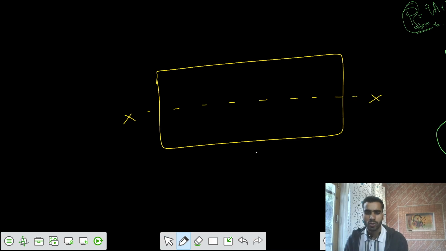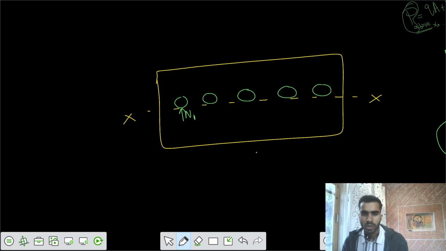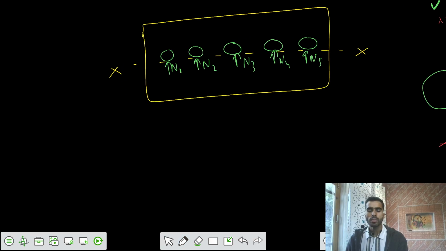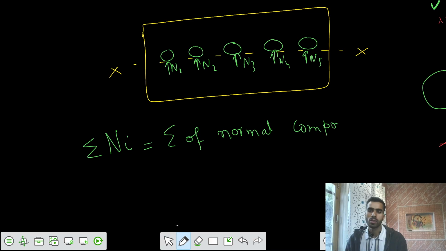Let's say the solids are placed somewhat in this fashion. Here we have contact normal forces N1, N2, N3, N4, N5, and so on. This is the summation of the normal components of the contact forces.